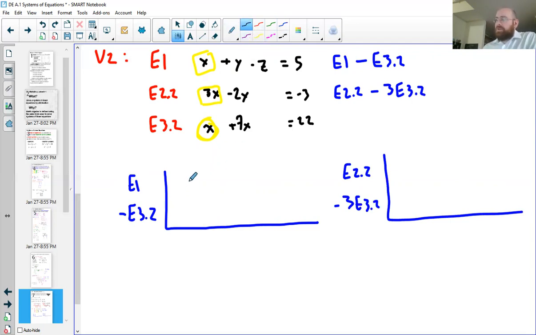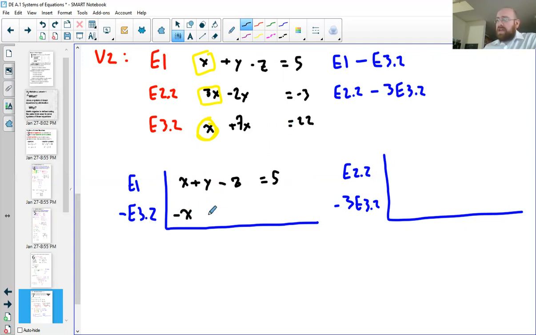Right, so the first one, I'm just going to copy down x plus y minus z equals 5. And then I'm going to multiply everything from equation 3.2 by a negative.